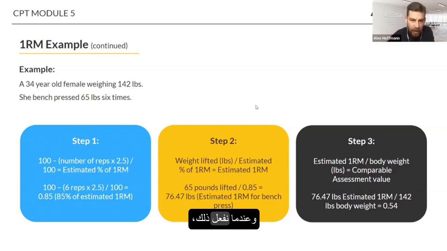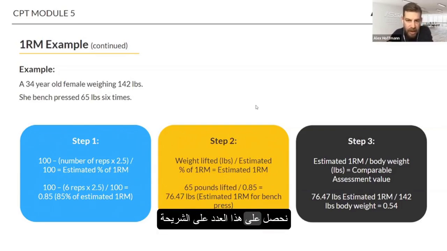And when we do that, we get the number on the slide of 76.47 pounds. Thus, this individual's estimated 1 repetition max is 76.47 pounds. Does that make sense how we did step 1 and step 2?